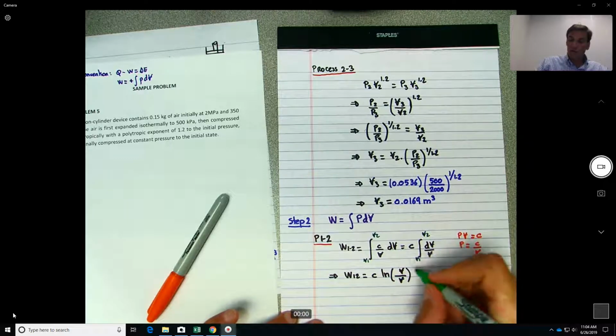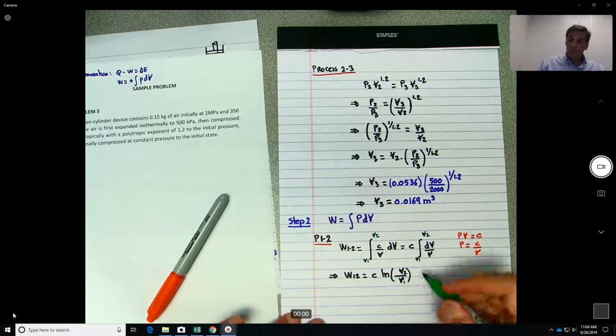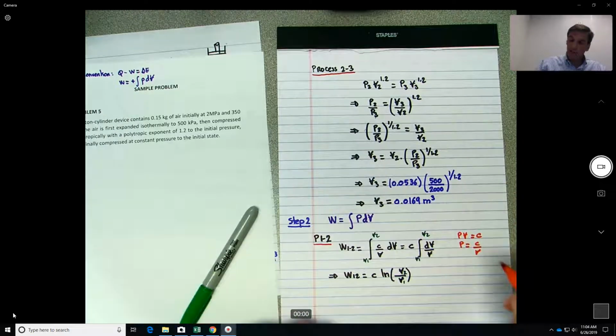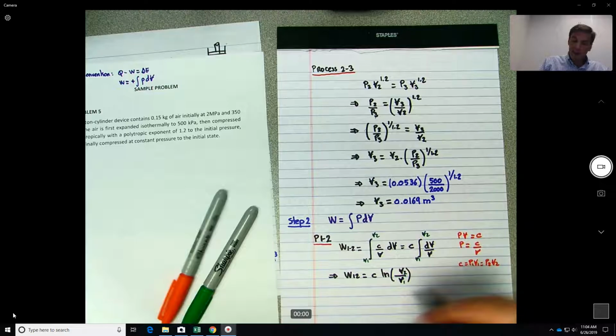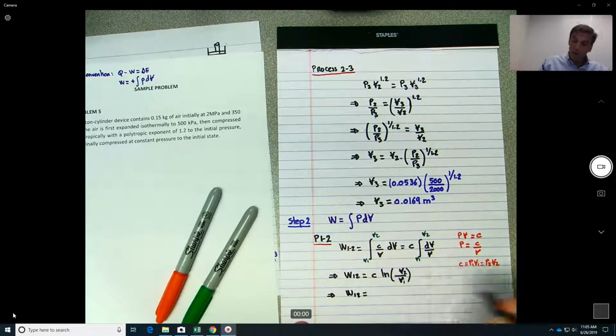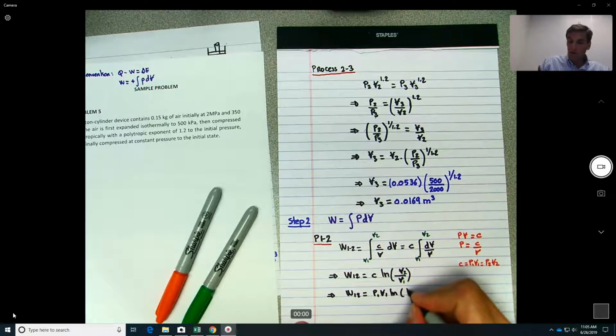So this is going to give us log V2 over V1. And C can either be P1 V1 or P2 V2. So in this case, let's say that work 1-2 will be equal to P1 V1 log V2 over V1.